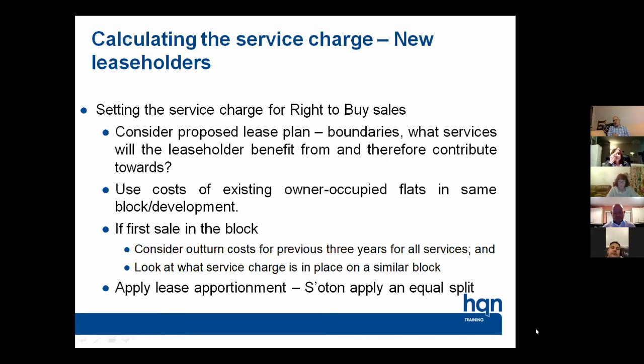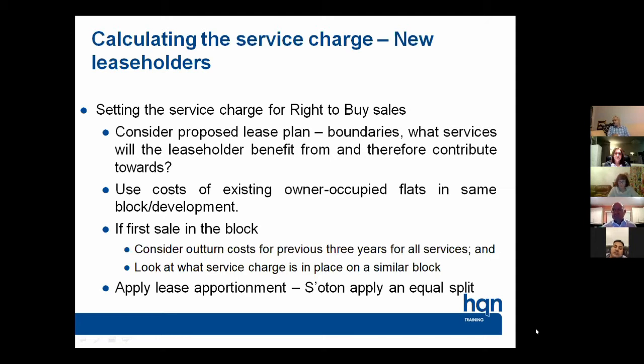We usually suggest that a visit to the scheme is carried out, just to have a visual inspection to see: is there a door entry system, is there a lift, what mechanical and electrical services are on the scheme?